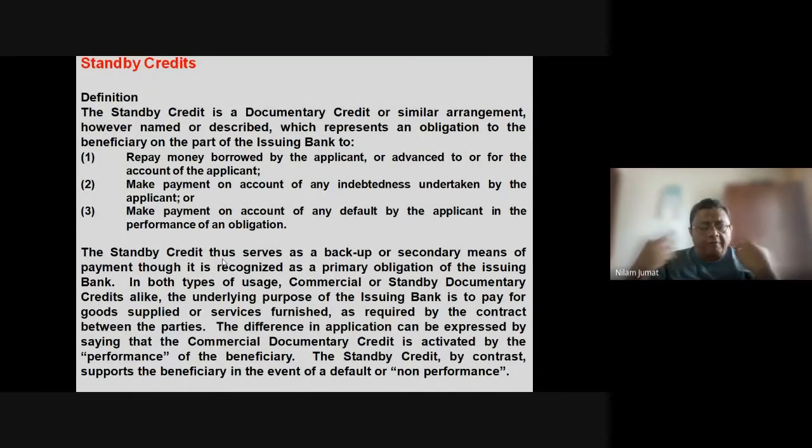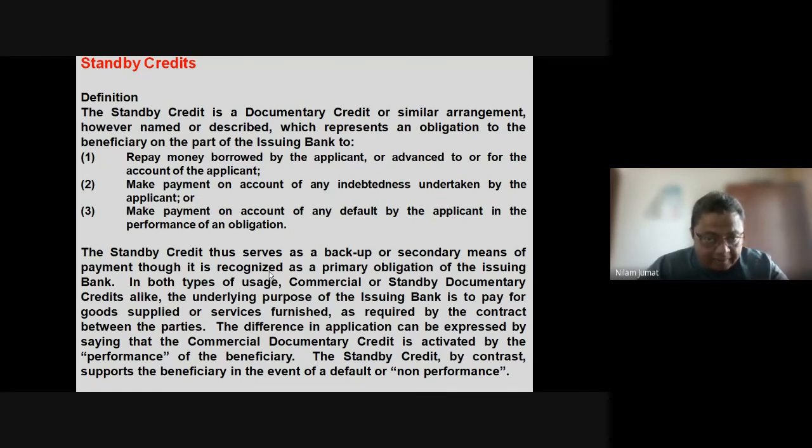I have performed my job and evidence is the BL. So in a normal LC, the exporter gets money because performance has taken place. He has performed, right? Now get this point clear. He did the shipment, so performance has taken place.